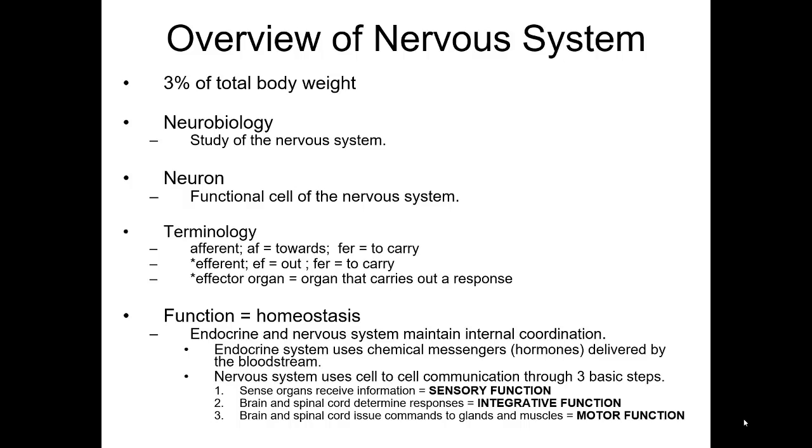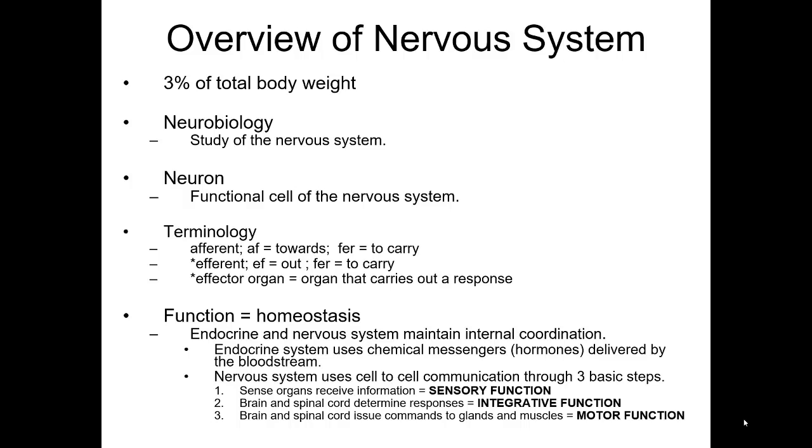We have already talked about some terminology when it comes to the nervous system throughout A&P 241. When I talk about the signal, I'm talking about the signal from the sensory receptor inwards towards the central nervous system. Any signal that goes towards the central nervous system is referred to as an afferent, with an A, nerve signal.